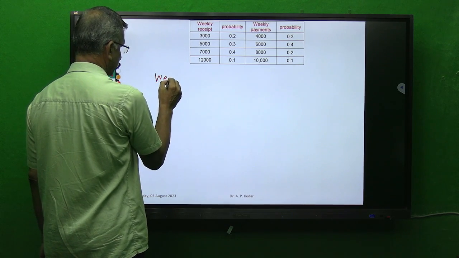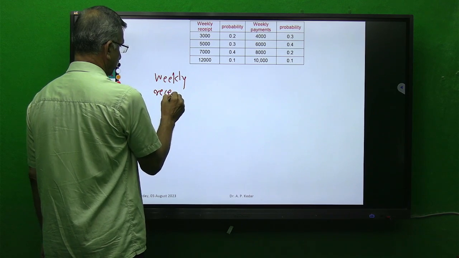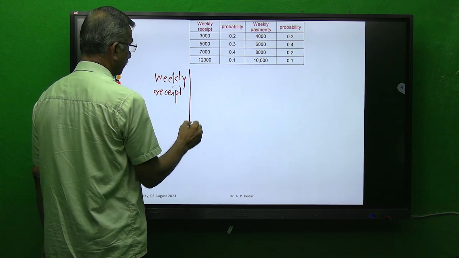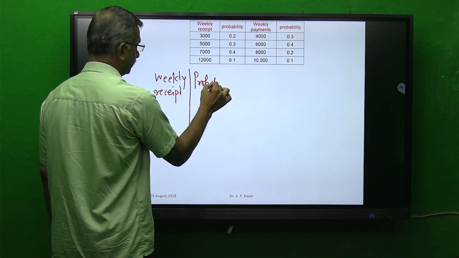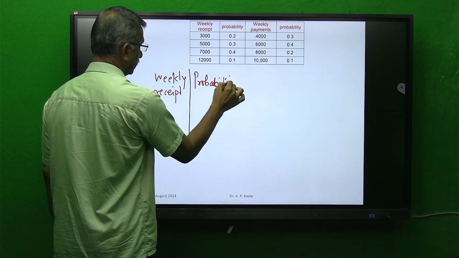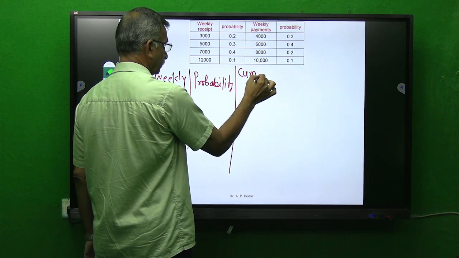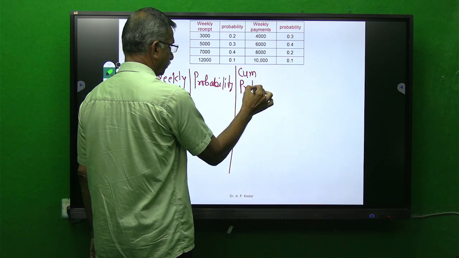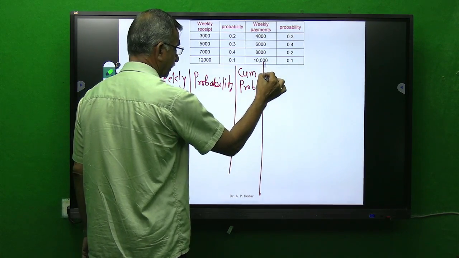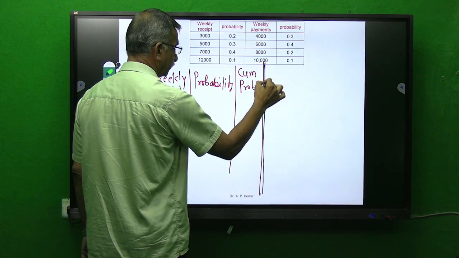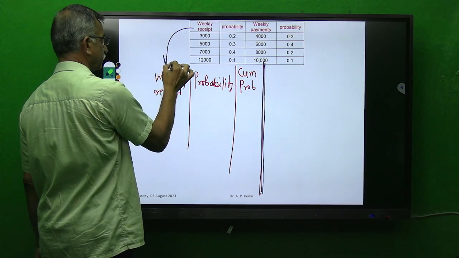Weekly receipt, then we have the value of probability, then from this we will find cumulative probability. I will mark here by another line, a differentiation line. This will be for the receipt purpose.